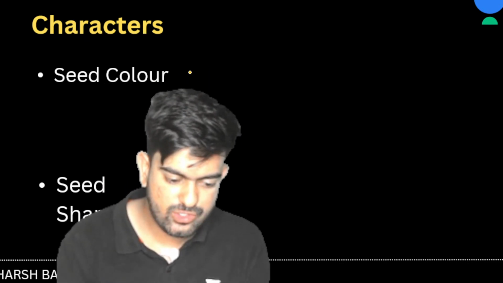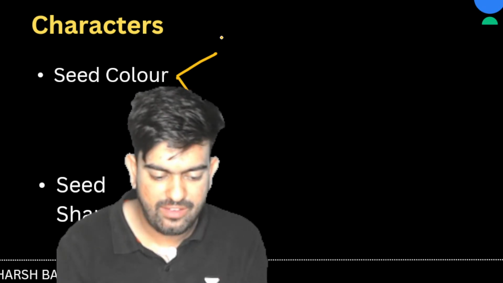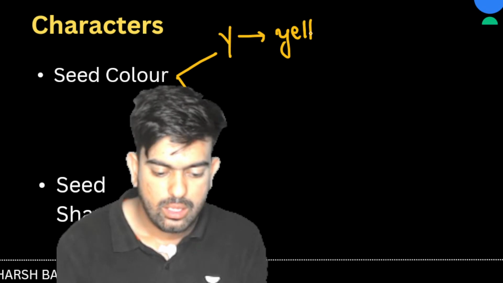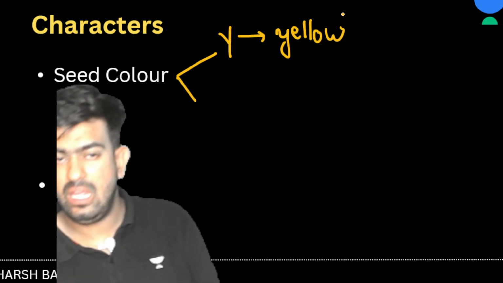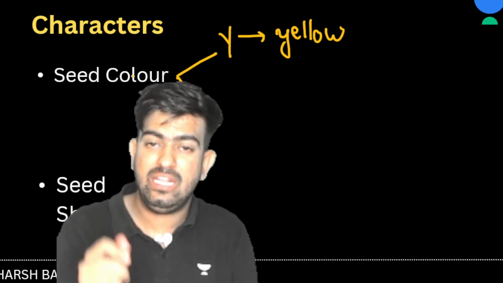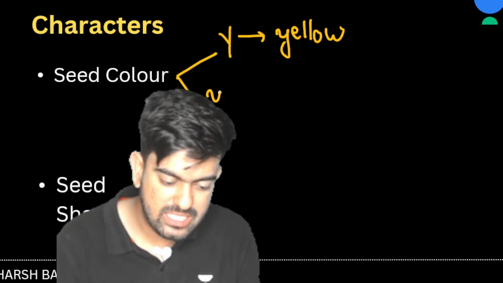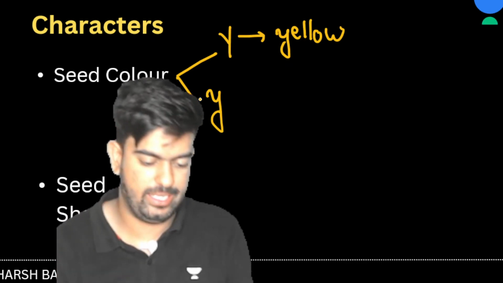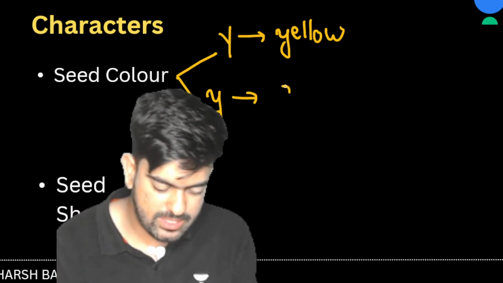So let's write here: for seed color we have capital Y, which represents yellow. And should I represent green with capital G? No. If we are representing the recessive, we represent it with the same alphabet, but in lower case. So small y represents green.